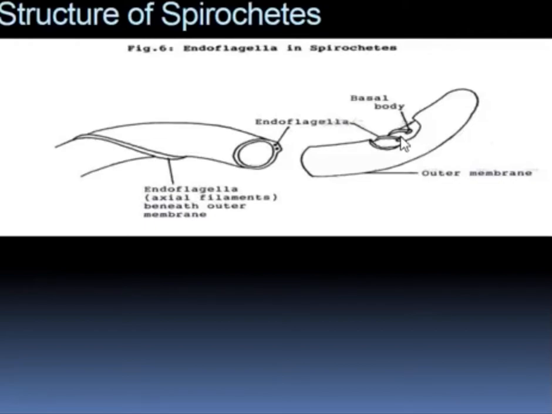Now, from the term insertion, it's the point of insertion of the endoflagella that wraps or extends throughout the body of a spirochete organism. But what you need to know, class, is that these insertion discs are located near the end portion or the terminal portion of a spirochete cell wall or body. I hope I'm clear with that.